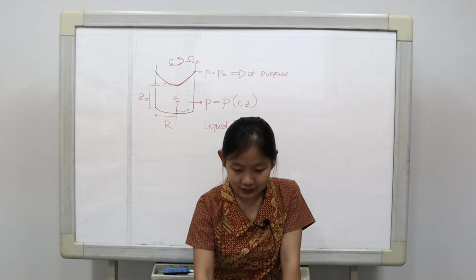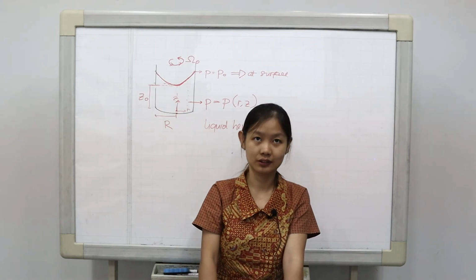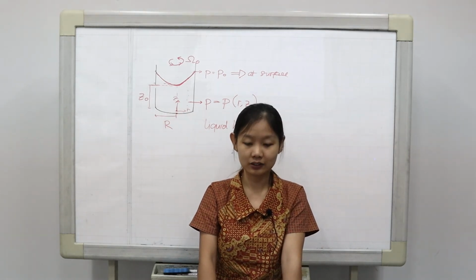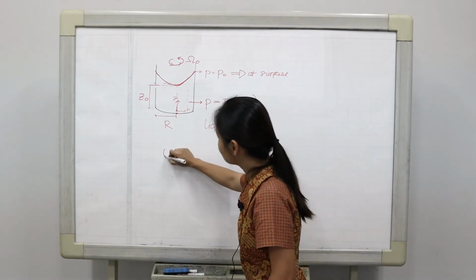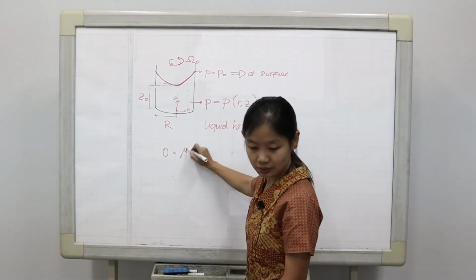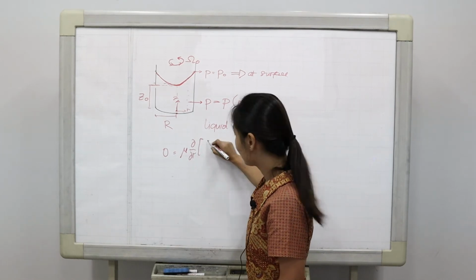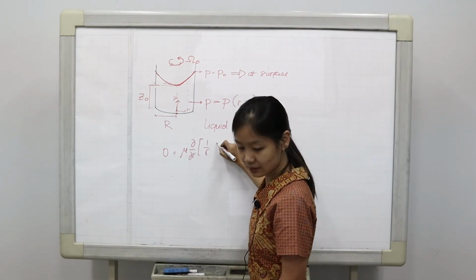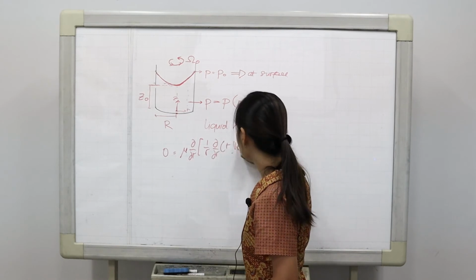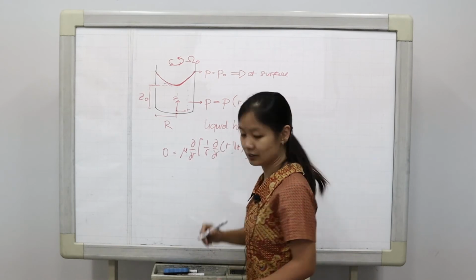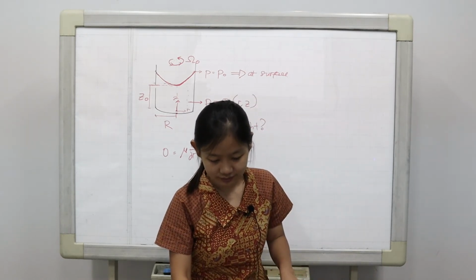If you look at that equation, everything on the left is 0, and on the right we only have mu times d/dr of (1/r d/dr of (r v theta)). Everything is 0.